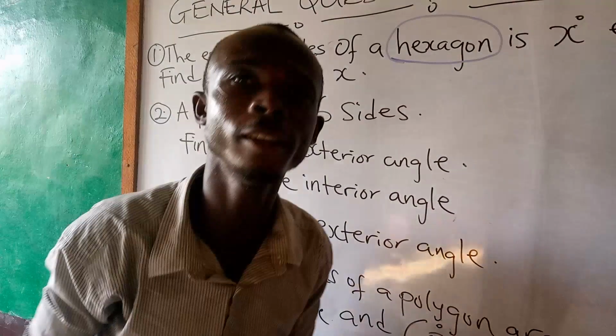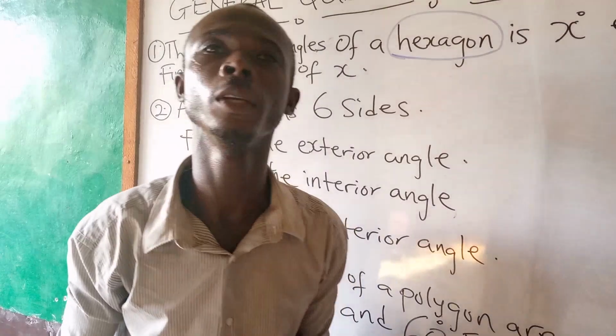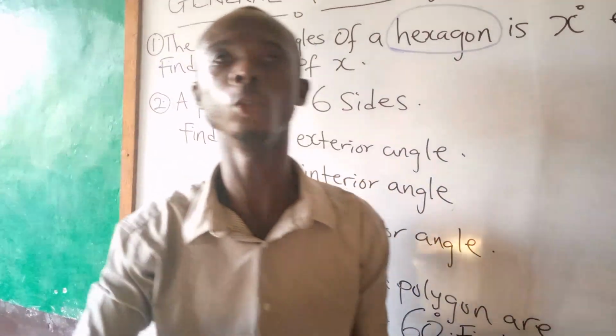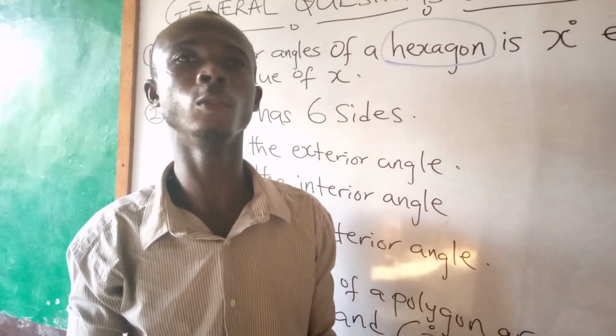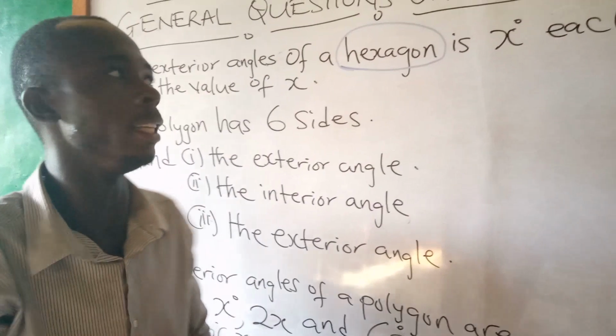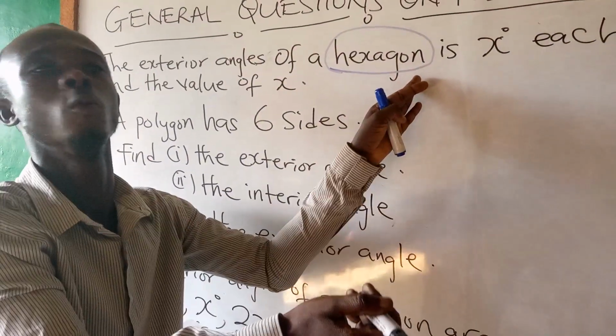The sum of exterior angles of any polygon, be it an icosagon, decagon, dodecagon, pentagon, or triangle, is 360 degrees. But in this case, they've given us only a variable.